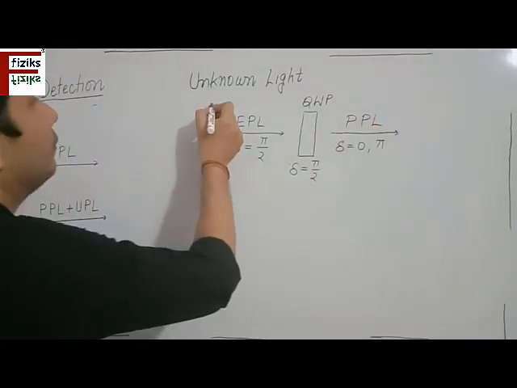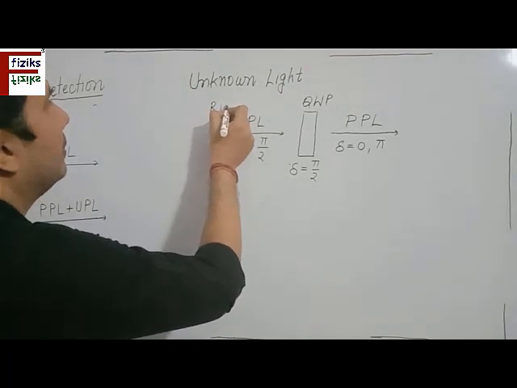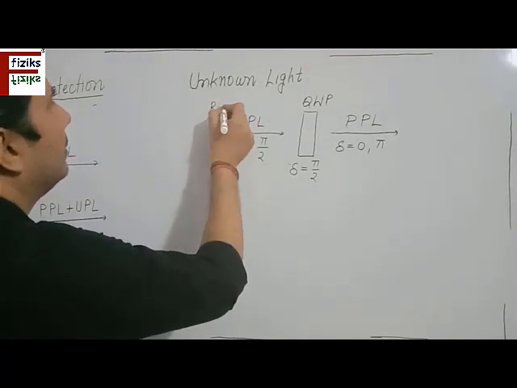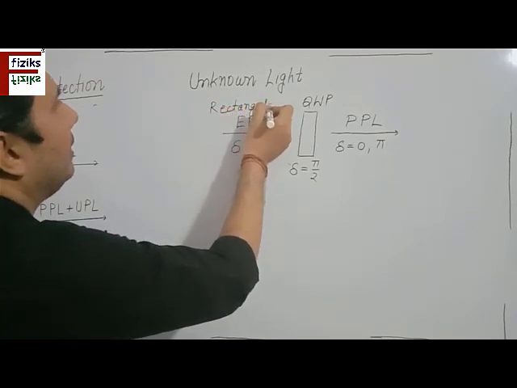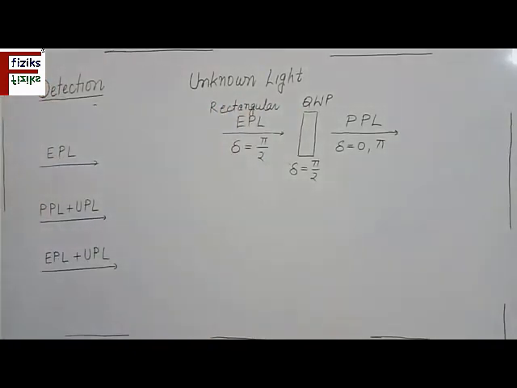But this is the case for rectangular elliptically polarized light. What will be the case when the elliptically polarized light is not rectangular?